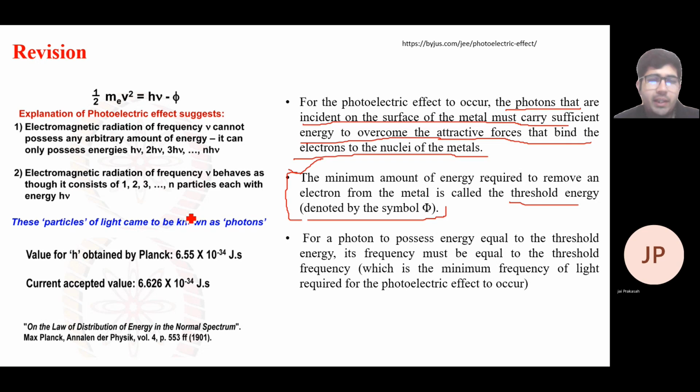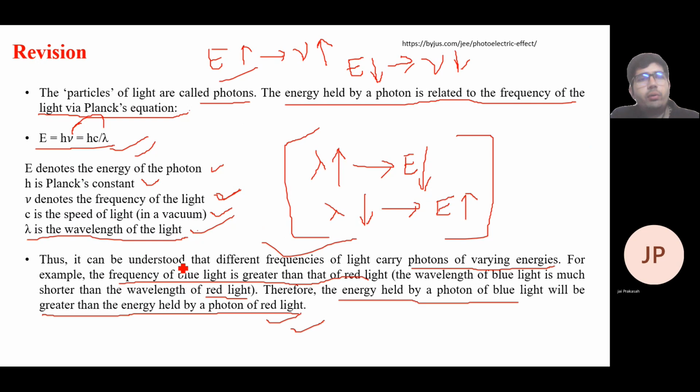For a photon to possess energy equal to the threshold energy, its frequency must be equal to the threshold frequency, which is the minimum frequency of light required for the photoelectric effect to occur. As we already know, the energy of a photon is directly proportional to the frequency and inversely proportional to the wavelength.